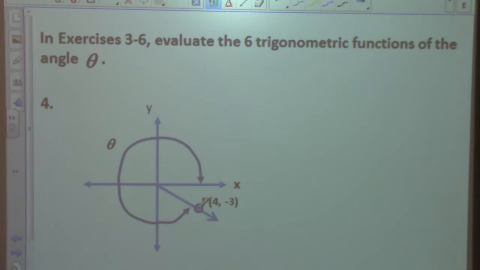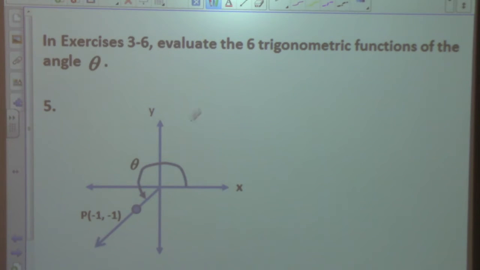That's obtained by either raising or lowering a line segment perpendicular to the x-axis, and then finding the sides: opposite, adjacent, and hypotenuse. And with those sides you can get your six trigonometric ratios. So let's go ahead to number 5.